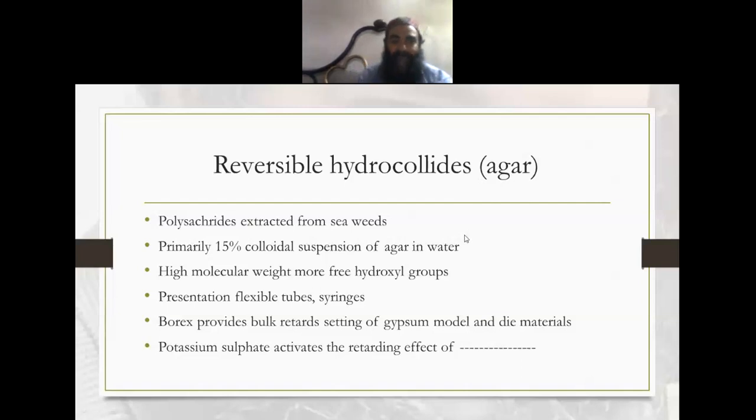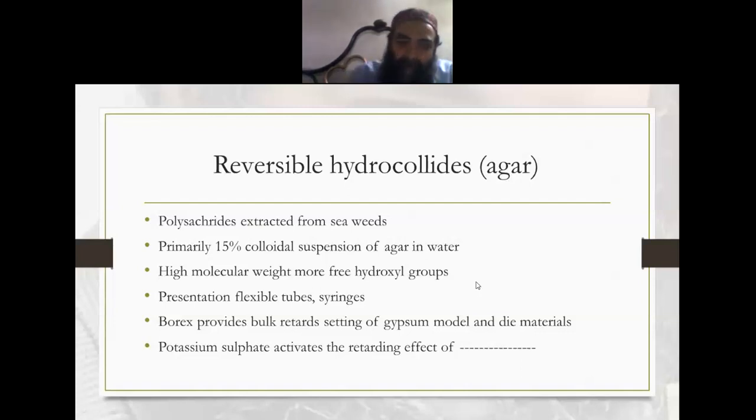Agars are polysaccharides which are extracted from seaweeds, and a 15% colloidal suspension of agar in water is designated as agar, which we are using in dentistry. It has high molecular weight and more free hydroxyl groups are present.